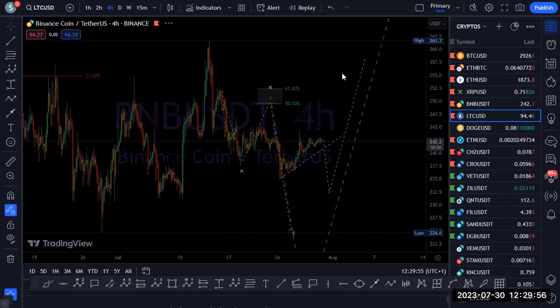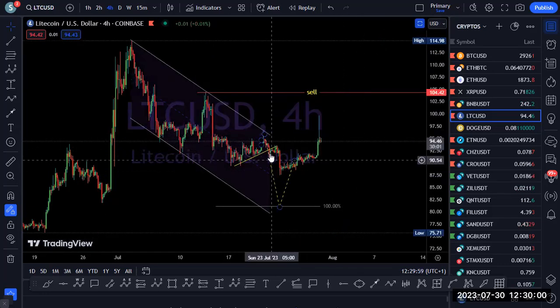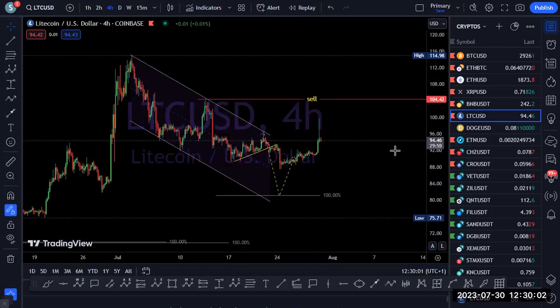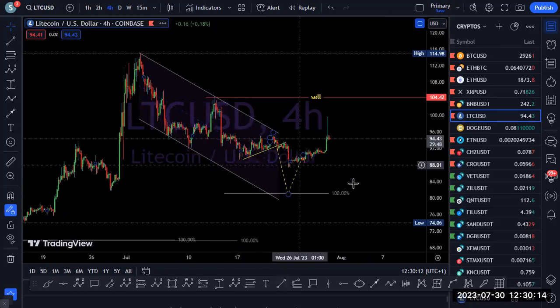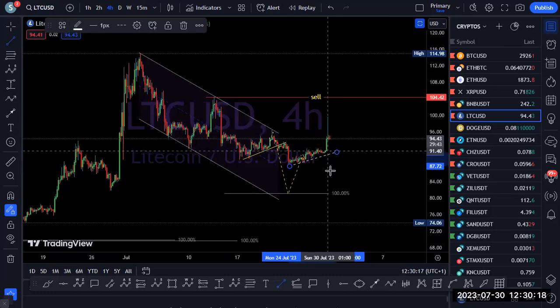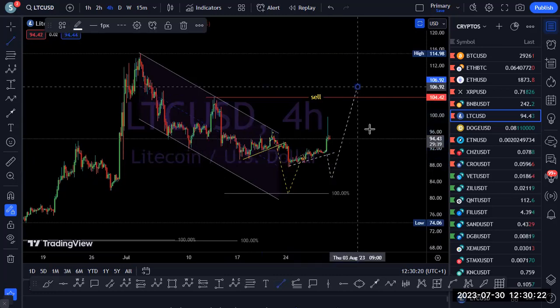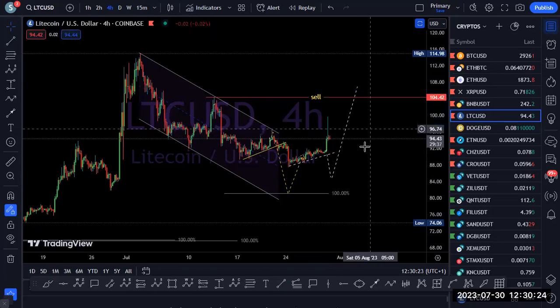Litecoin made a surprising move. You can see, I was watching for it to drop big, but it dropped little. Now, instead of dropping again, it made a surprise move. I was expecting it to drop again before doing this. So now, what are we expecting?